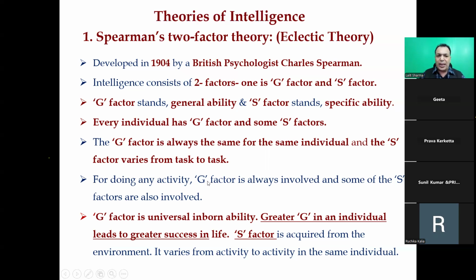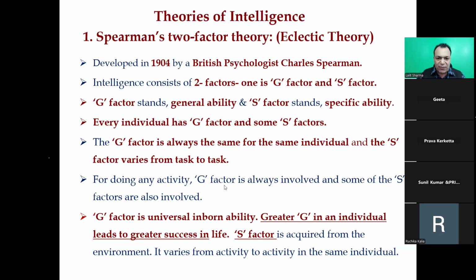For doing any activity, according to Spearman, the G factor is always involved. Okay, the G factor is general common intelligence, and he says whatever task you are going to do, the G factor is always involved. Number one, the G factor is in all individuals. And along with that, you are going to finish that particular task.